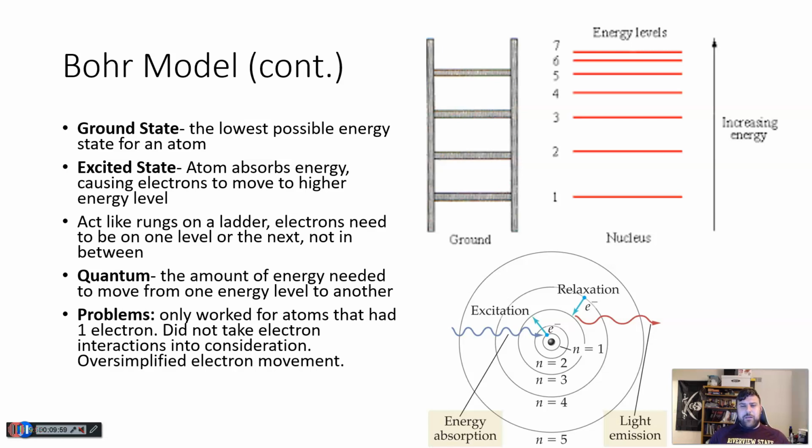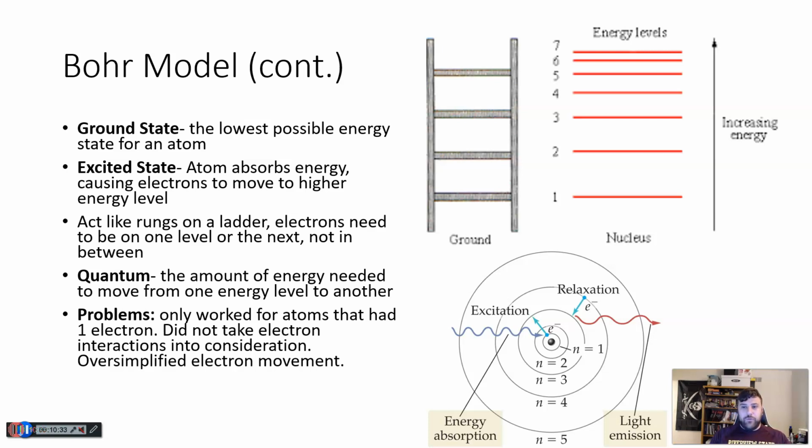Second, it very much oversimplified electron movement. By describing the electrons as planets that orbit this central nucleus, he was giving too much of a discrete explanation. With things that are that small, something that is smaller than an atom, movement gets to be very weird and unknown.